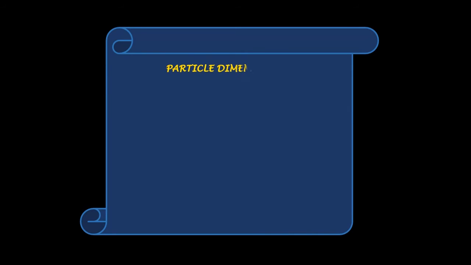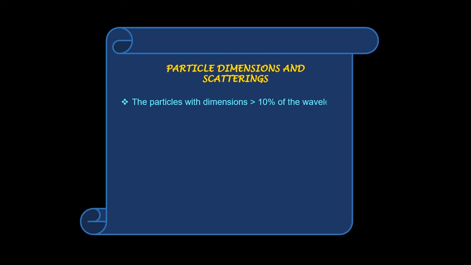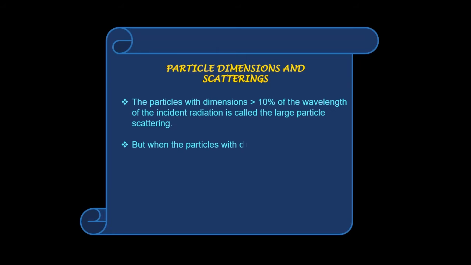A brief summary on the particle dimensions and scatterings is given here. The particles with dimensions greater than 10% of the wavelength of the incident radiation is called the large particle scattering. But when the particles have dimensions greater than 3 by 2 of the wavelength, the scattering phenomenon terminates.